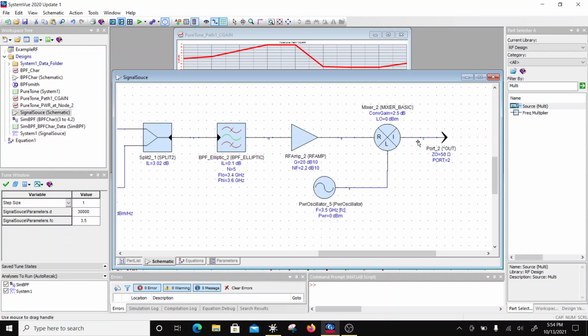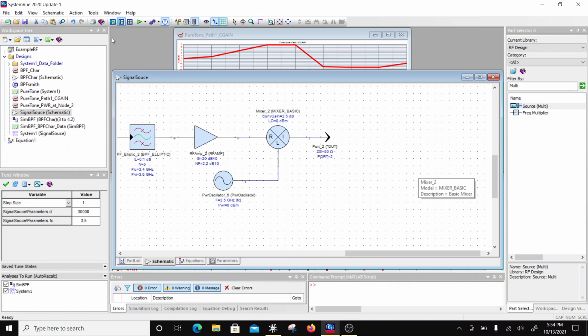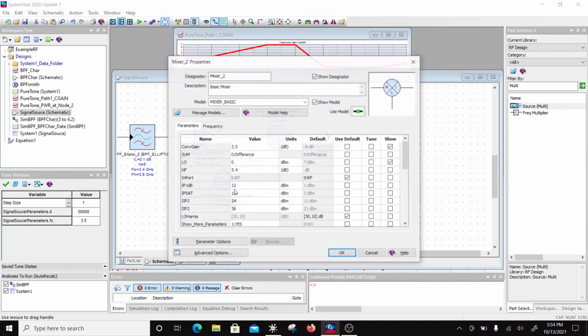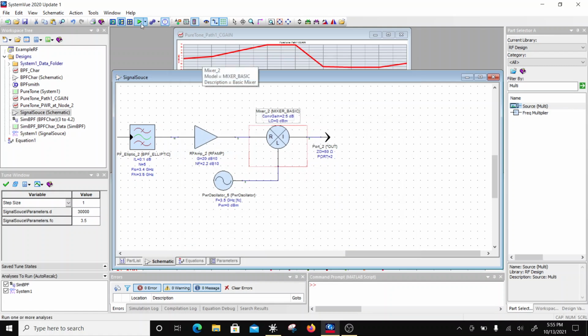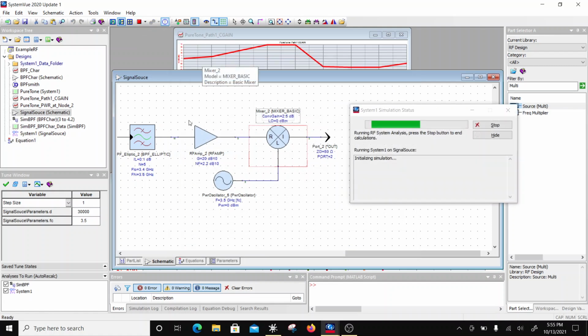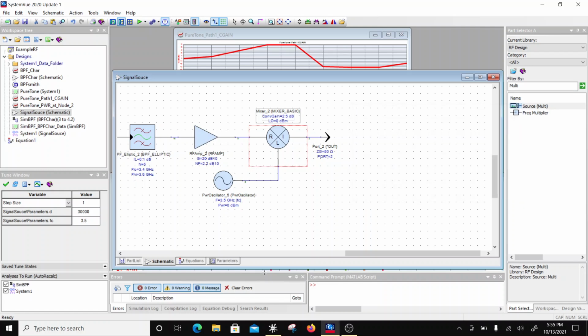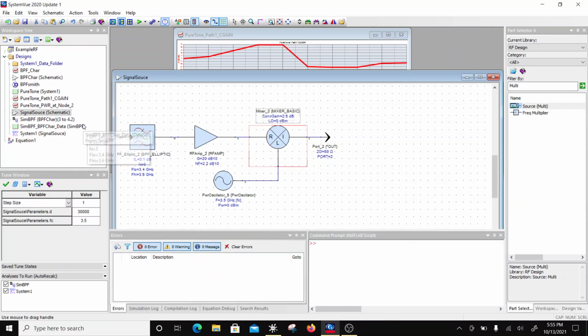So now we are back to 11 megahertz, right? And if I was to simulate this, let's see what is the LO power, 0, right? Yeah. So if I was to simulate this, okay, no warnings, no errors.